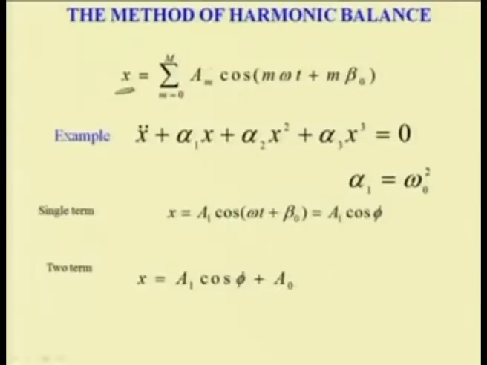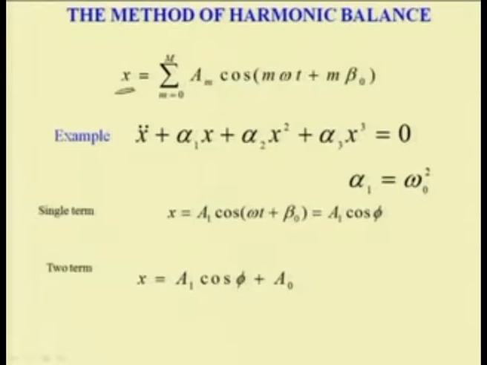By putting m equal to 0, we can have a constant term, and by putting m equal to 1, 2, 3, we can have the other terms. So, it can have this A0, A1, A2, and similarly we can have beta 0, beta 1.